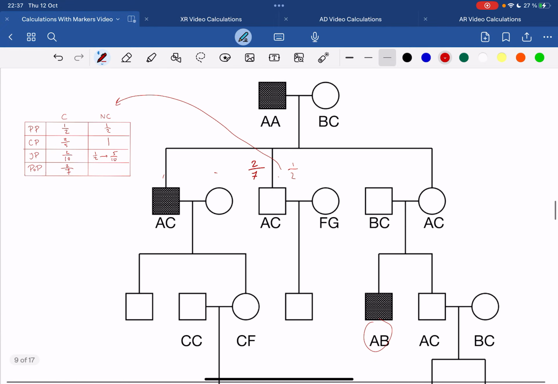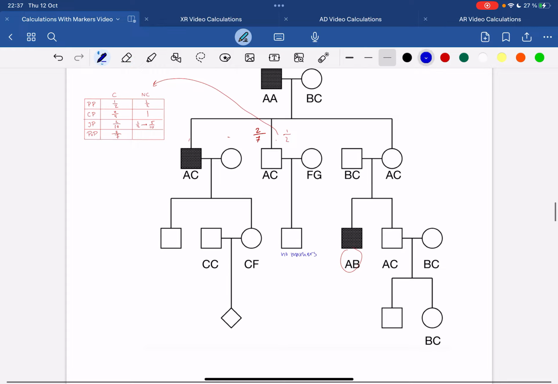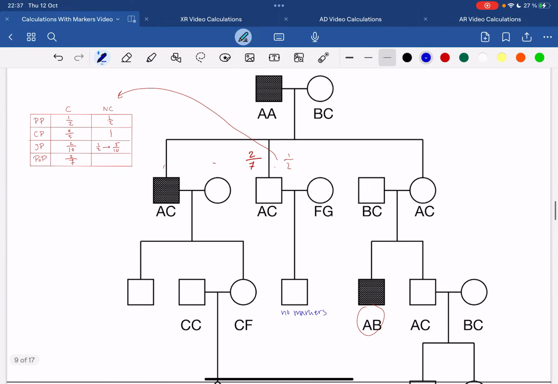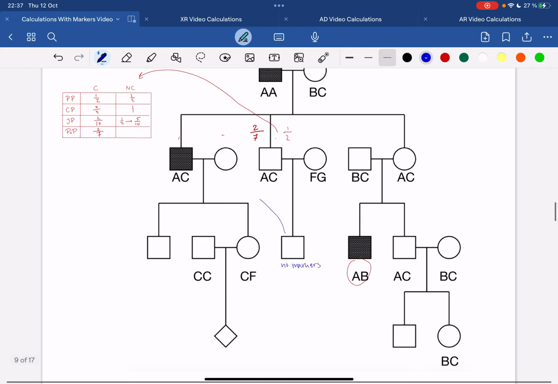So 3-4 would be this person right here. And a very unique thing about this person is that they have no markers. So we don't know what they got either from mom or dad. And therefore, if there are no markers or we're not sure which marker they got, we have to revert back to our old system, which is 1/2 of what the parent has.